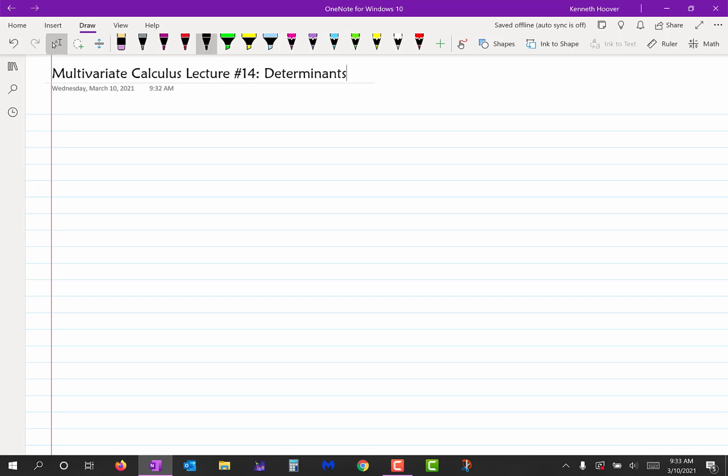So first of all, let me tell you that a matrix is just a rectangular array. Like, for instance, this. Some people put brackets around them.